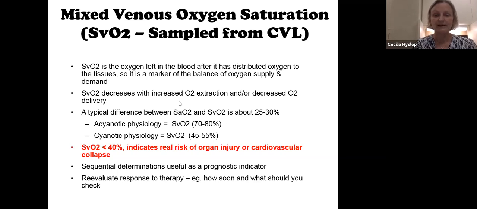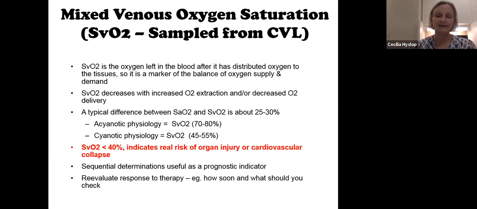So if you compare that for somebody with an acyanotic, so normal heart physiology, where we have a saturation of 100%, your body extracts about 20 to 30%, giving us, when we suck it out of the neck, 70 to 80%.